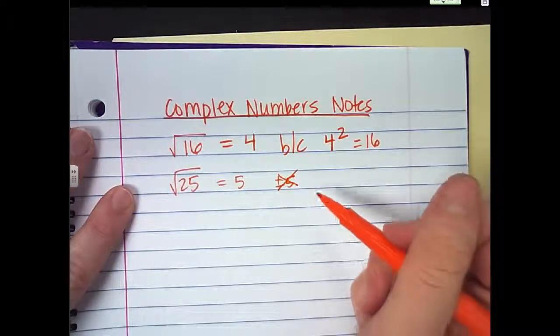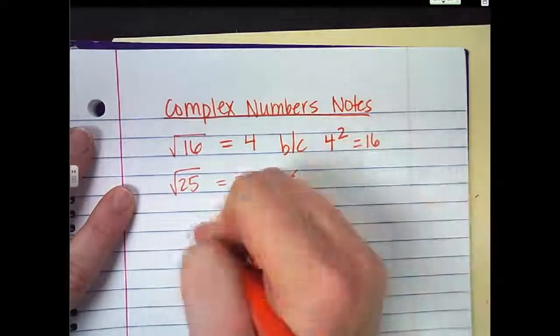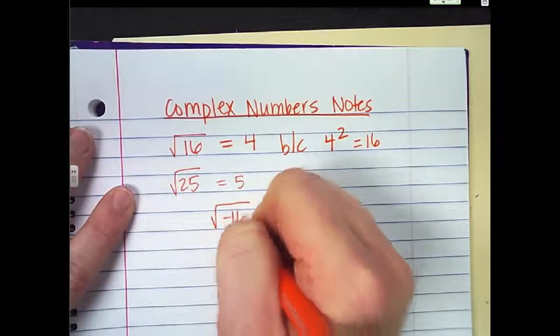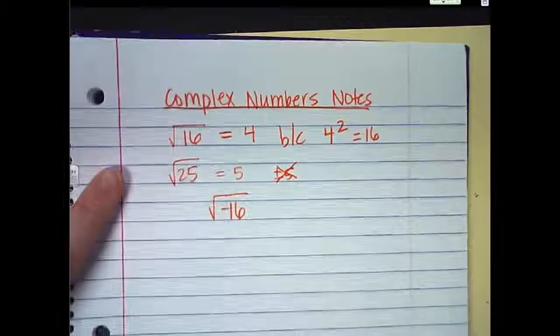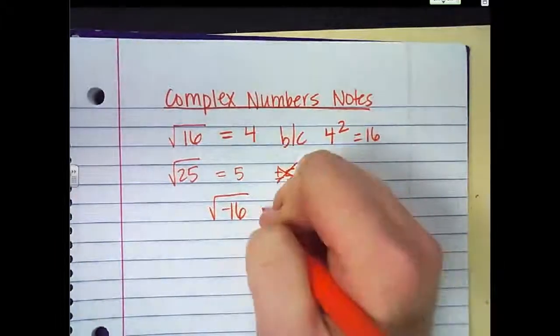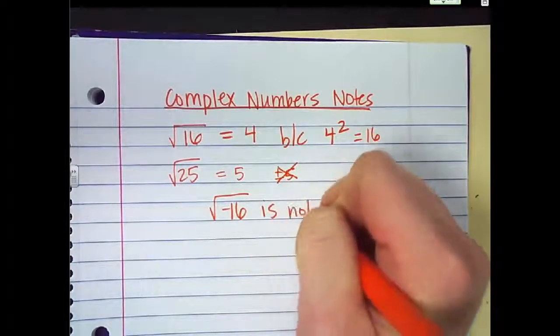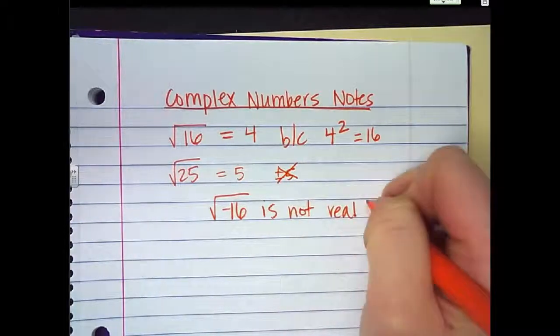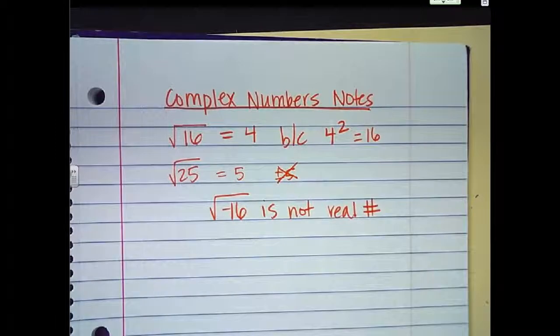Principal positive value. Okay, so when we talk about the square root of negative 16, it's not necessarily no solution. What did we say that this is? Not a real number. Do you remember at the beginning of the school year in this class, we do real numbers, and then under real we have our sections.